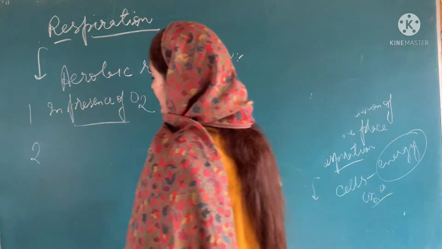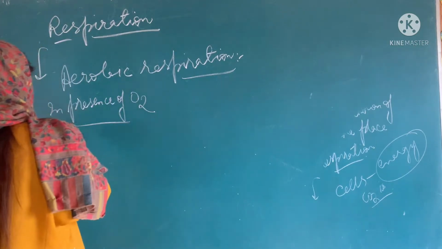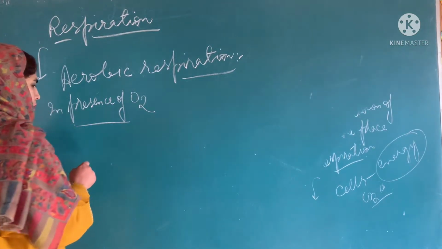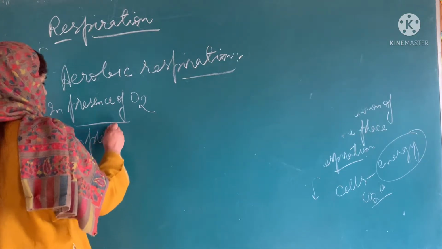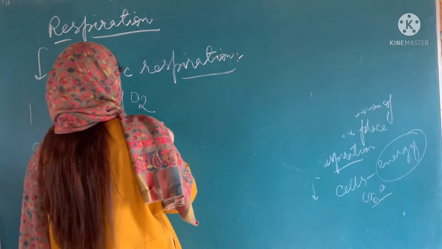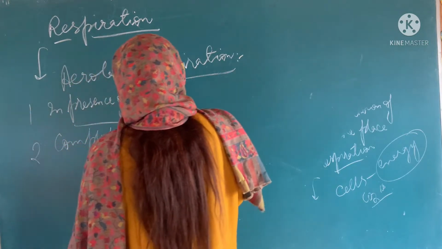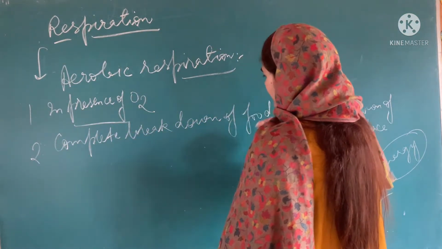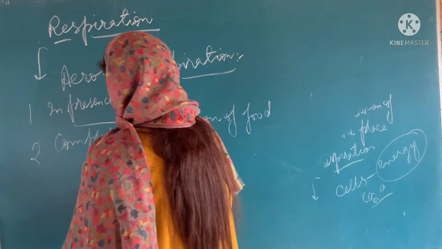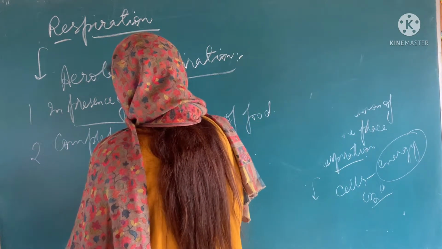And the second point is, यहाँ पे aerobic respiration में a complete breakdown of food takes place. Complete breakdown of food. Like हमारा जो food है, of course we know that is glucose.